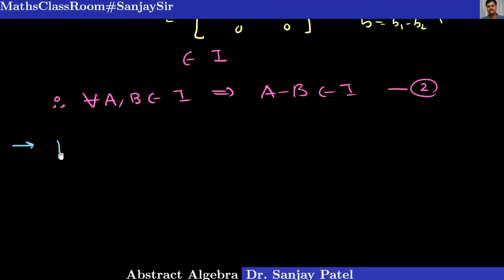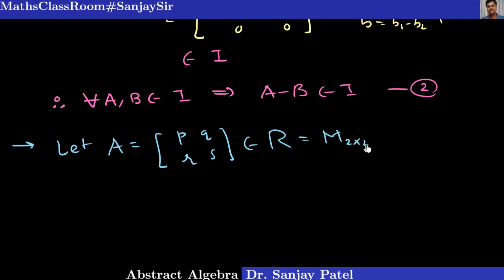So we'll take one element from the ring R and one element from the set I. Let me choose capital A equal to P, Q, R, S, and that is in the ring R, which is nothing but M2 cross 2 matrices, and one element X. Now our set I contains all those matrices where the first row can be anything, but the second row is always 0.